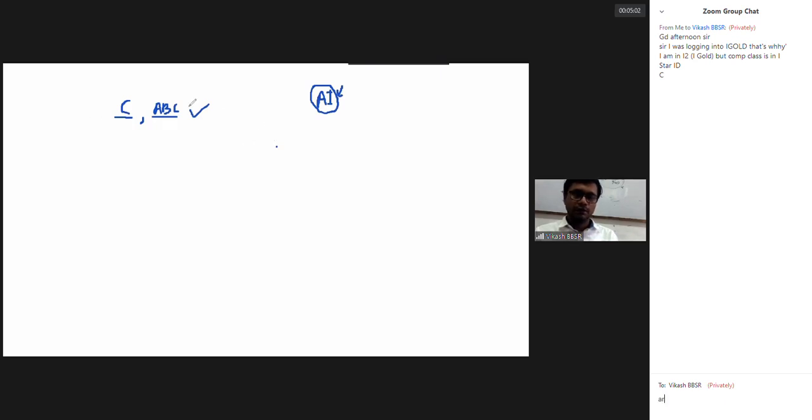Clear? Okay. So come to this point: C and ABC languages are the donors, and Python uses most of its syntax from C and ABC. AI uses Python, because artificial intelligence also uses Python.